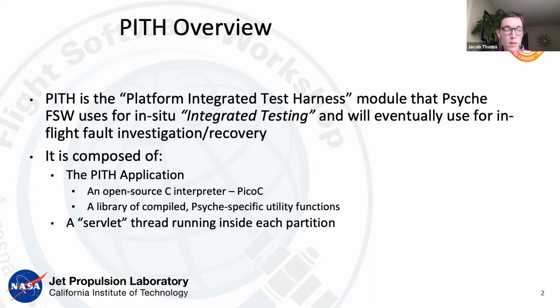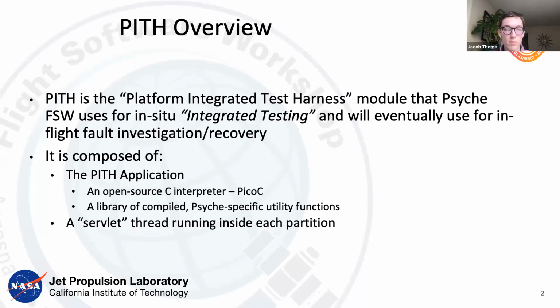It has two main parts: the PITH application, which includes the open source C interpreter called PICO-C, and a library of compiled Psyche-specific utility functions. So these are things that would let us peek and poke memory or call a flight software function.